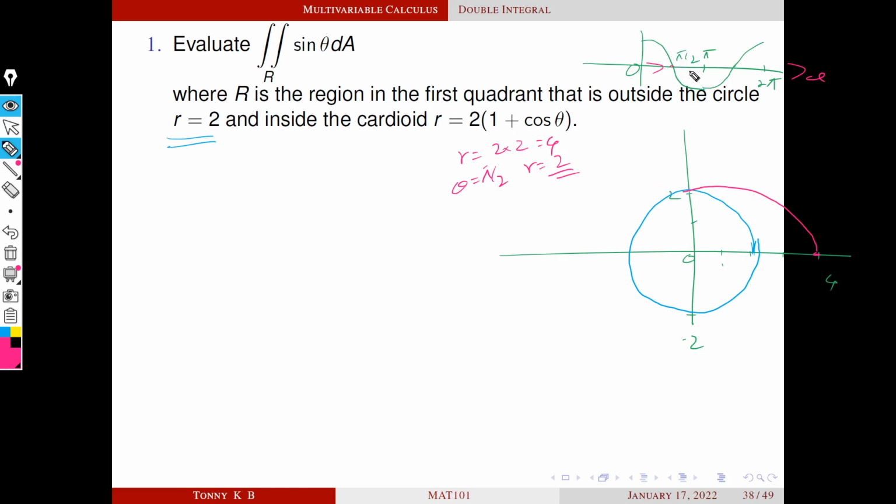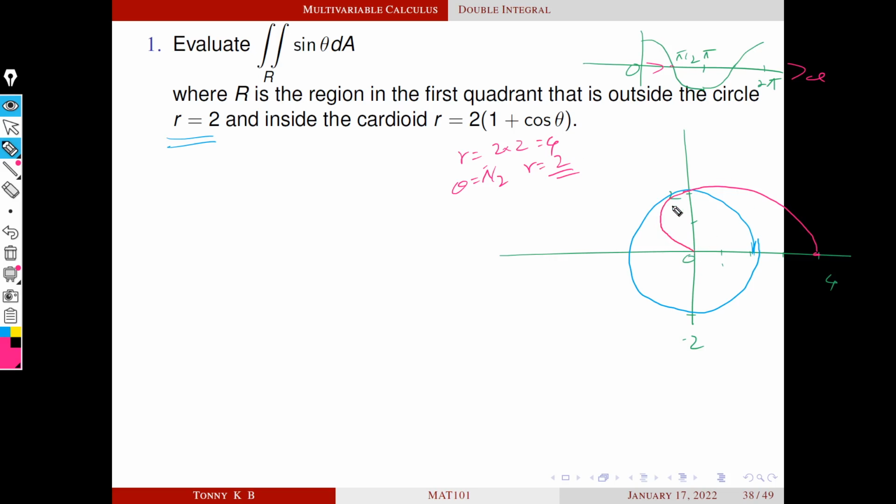Theta is increasing, the radius is decreasing and touching at radius 2. Then after pi by 2, what happened? If theta is going to pi, cos theta is negative, that means cos theta is decreasing. So the radius is again decreasing, and ultimately when theta reaches pi, the radius is 0. Why? When theta equal to pi, cos pi is minus 1, so r is 0. So it is almost like this.